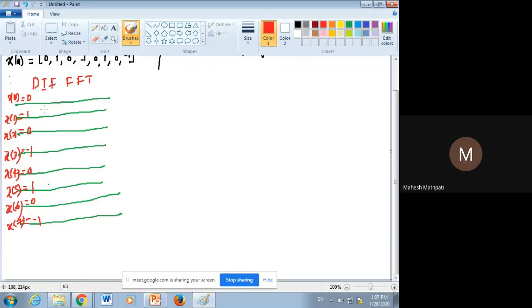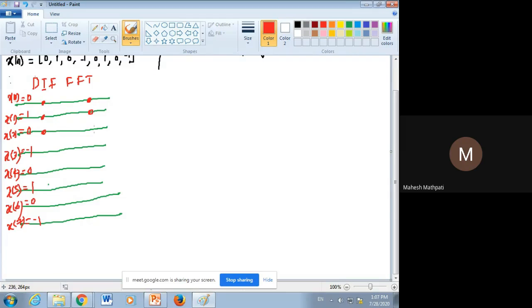How does the diagram look here? How is the decimation performed in the first stage? Yes, 8-point decimation we are performing.